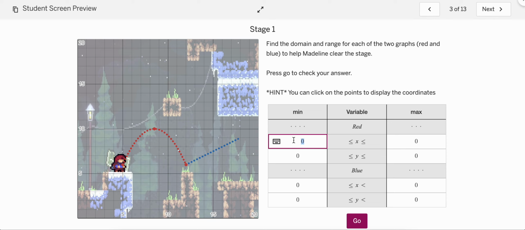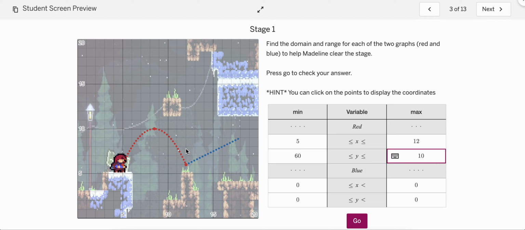So our domain is going from 5 to 12. Our range would be the height of this box. So our range is going from the y coordinate of this bottom point up to the y coordinate of this top point. The y coordinate at the bottom is 6. Our y coordinate at the top was 10.